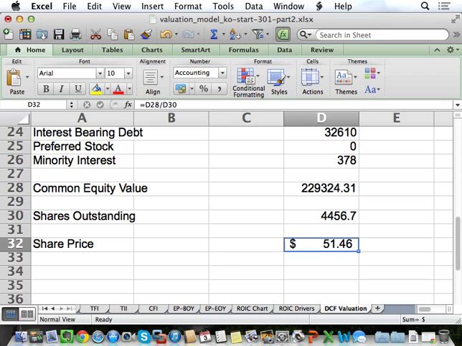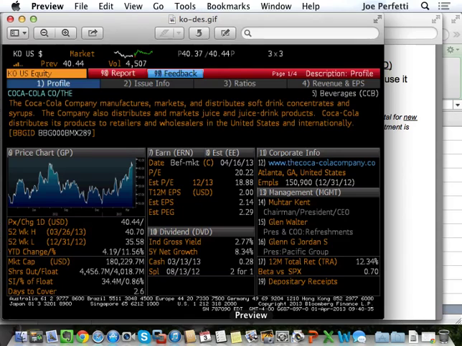So what we basically said is if the ratios for Coke that they achieved in 2012 repeat themselves into the future, they're worth about $51.46 a share on a cash flow basis. By the way, on Monday, Coke stock started the day with a share price of $40.44. So even as we're getting started here with some simplified assumptions, we're not that far off from their actual share price this week.